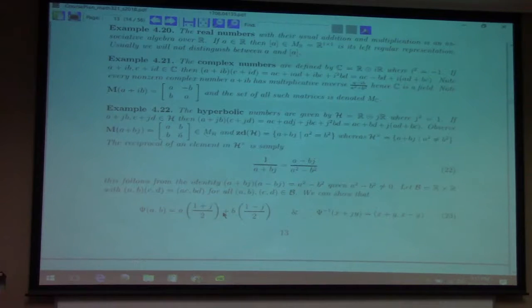A comma B is what? And you see, isn't that neat how the zero divisors appear in the isomorphism like that? That's not an accident.